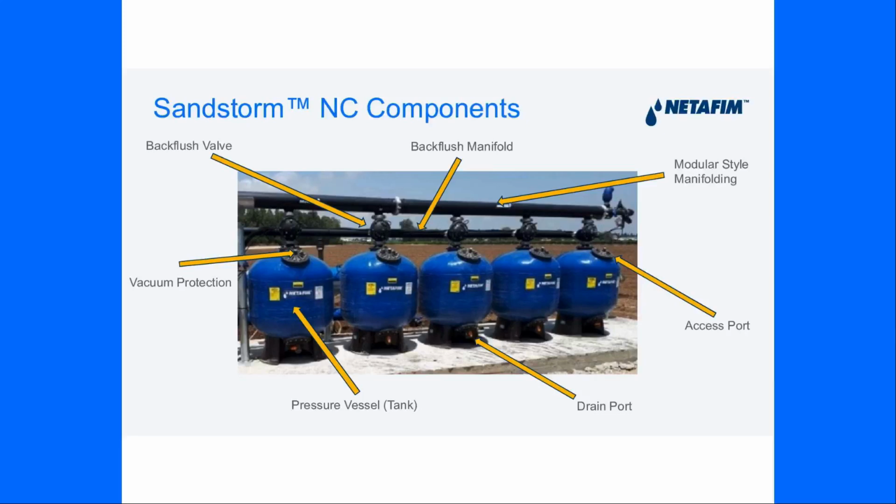You'll see access ports on the top, and a drain port and access port on the bottom. You'll see we're using the plastic backflush valve, Series 350 Bremont backflush valve, very good backflush valve. And then all the components really are either high density polypropylene or polyethylene.